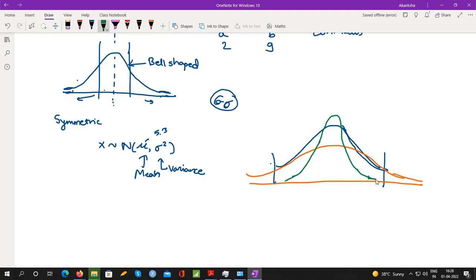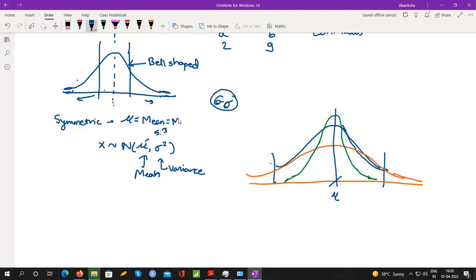Are you getting what I am saying here? The horizontal spread is some sort of function of sigma. We will see exactly what function later. And the peak is always at the mean mu. The tallest point is always at the mean mu, and it is symmetric, which means for the normal distribution this parameter mu is equal to the mean.